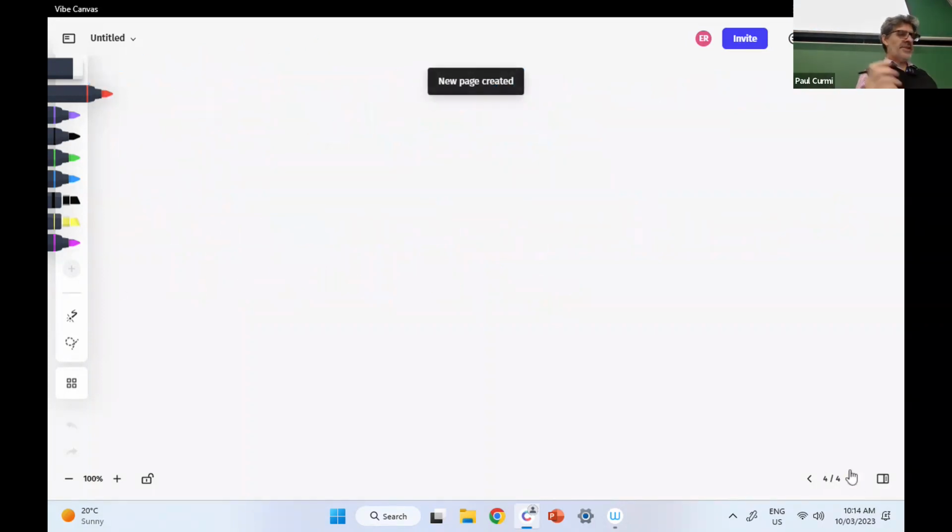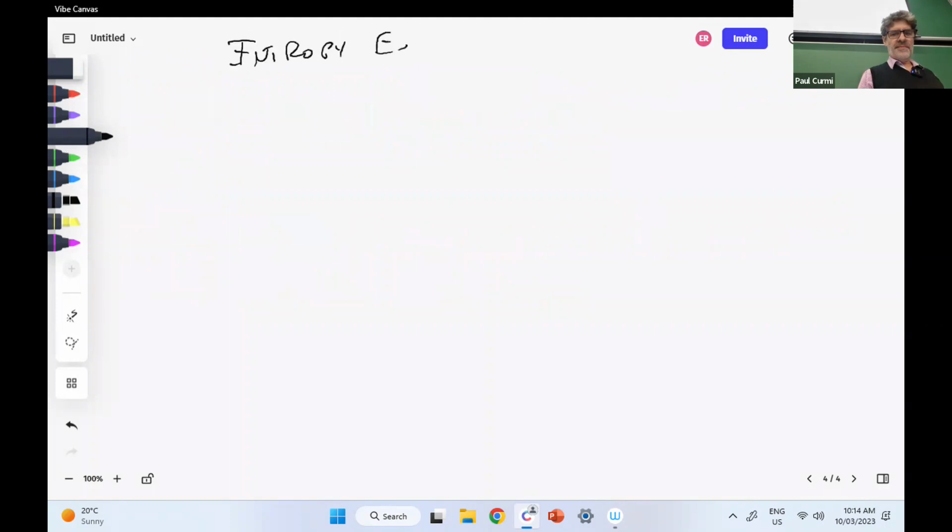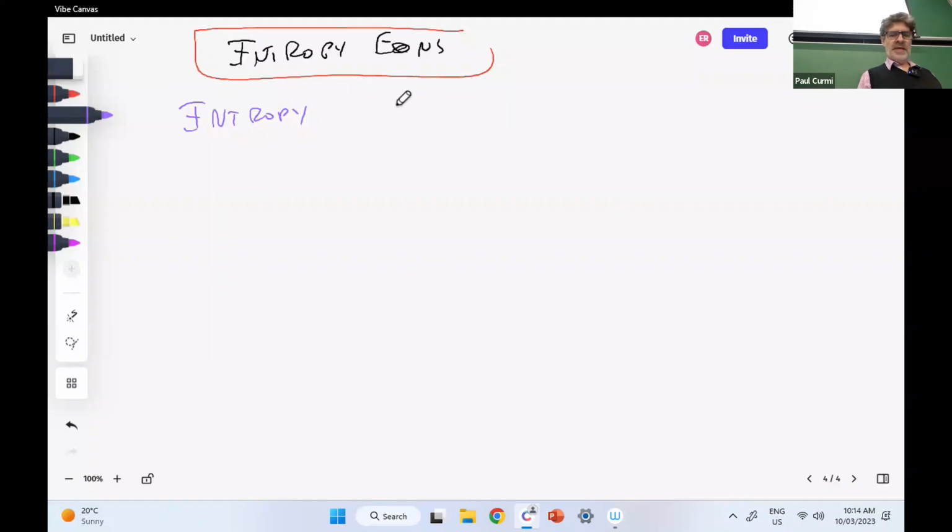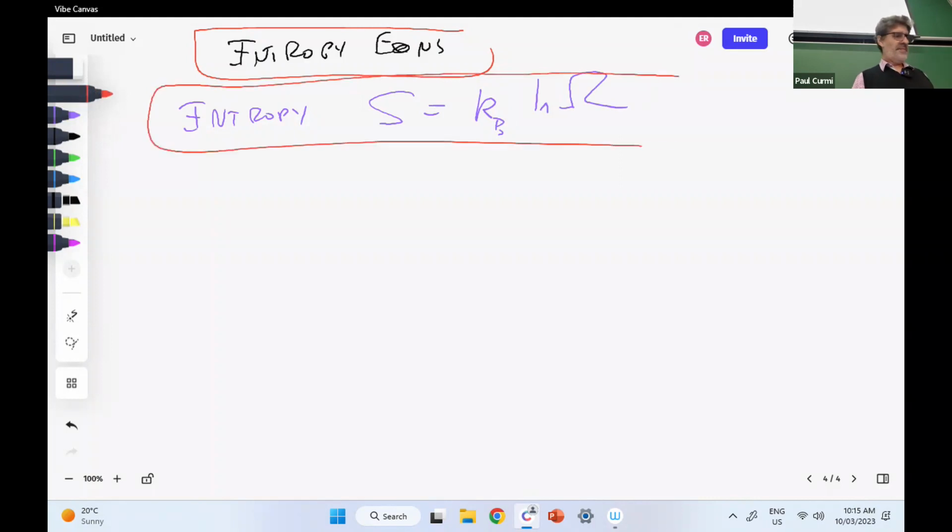Okay, so entropy equations. We now know what entropy is. S equals k, the Boltzmann constant, times ln of the number of microstates. That's the magic equation.